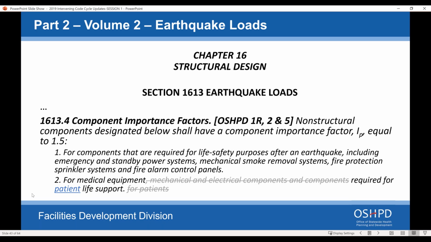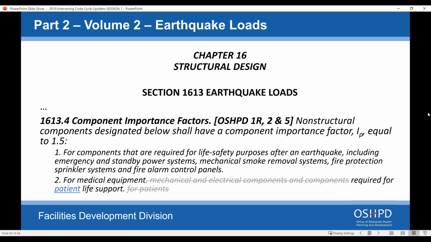Okay, so coming down to each specific code change, I'll go through them fairly quickly. In this section, basically, it's related to the component importance factors. We made a change for I sub p equals 1.5 for certain components in the non-A chapters of model code, and the way it was originally written was a little bit overbroad, and it says medical and electrical components and components required for life support for patients.